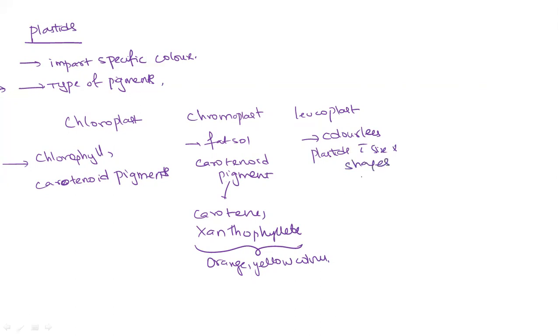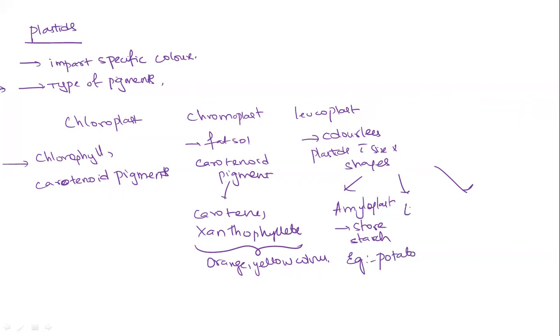They are further divided into amyloplast, which store starch, for example potato. Then you have elaioplast, which stores oils and fats, and then aleuroplast, which helps in storage of proteins. So this was about plastids.